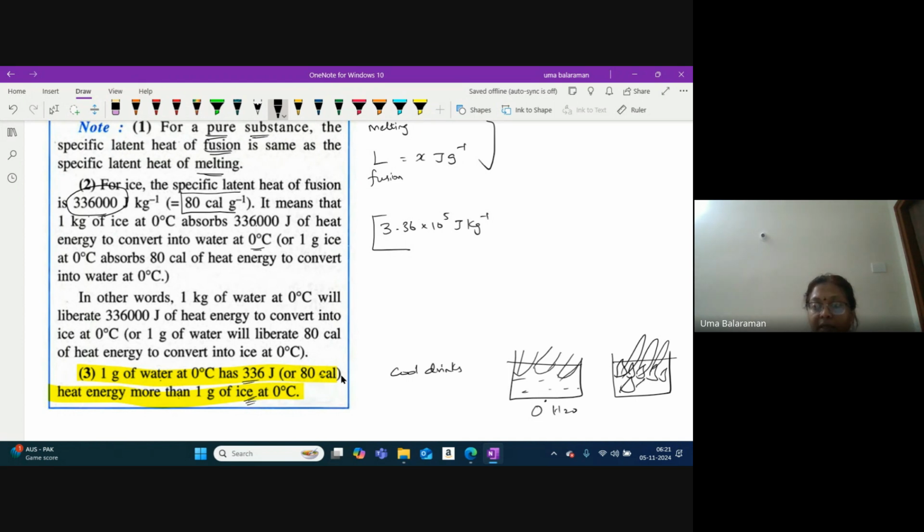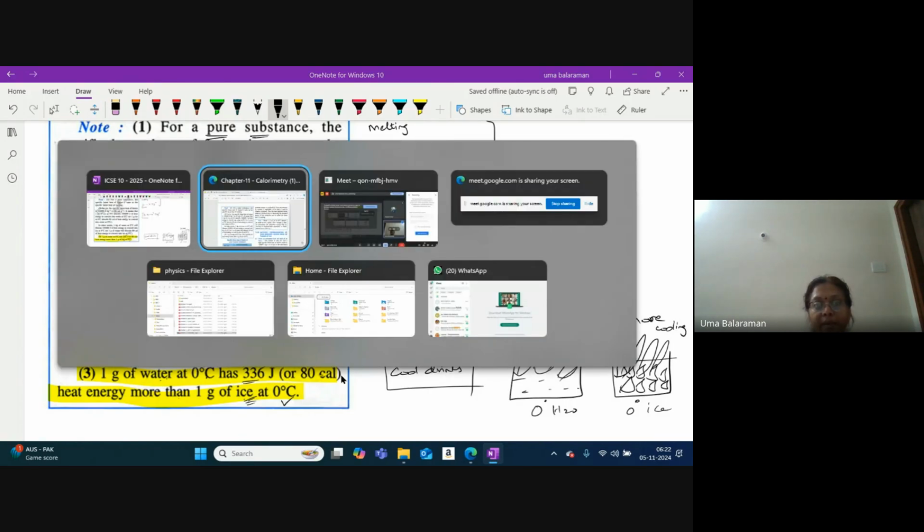So this has more cooling power. 0 degree ice has more cooling power. So you have to express that 1 gram of water at 0 degrees Celsius has 336 joules more heat than 1 gram of ice at 0 degrees Celsius. That's why the ice cubes offer more cooling.